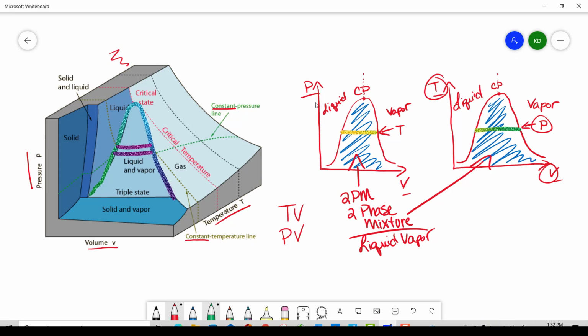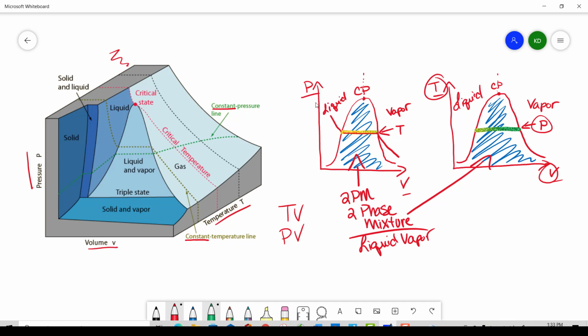Okay, so see, for the constant temperature line here, when you have a PV and you have a constant temperature coming through, it's coming through here and it's going down and it's going up, okay? So that's how that is going.